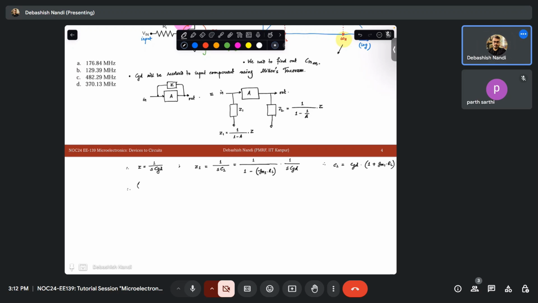Similarly, your C2 will be CGD times 1 plus 1 over GM1 RL.